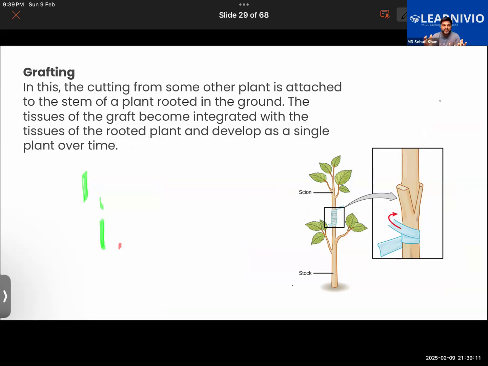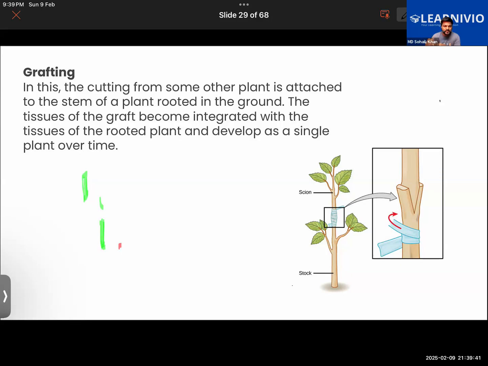So if there are two plants, both of them having some favorable characteristics. Suppose they are two mango plants of different species. One species of the mango plant has a very good root system, with very good water absorption capacity, but it does not bear good and sweet fruit.